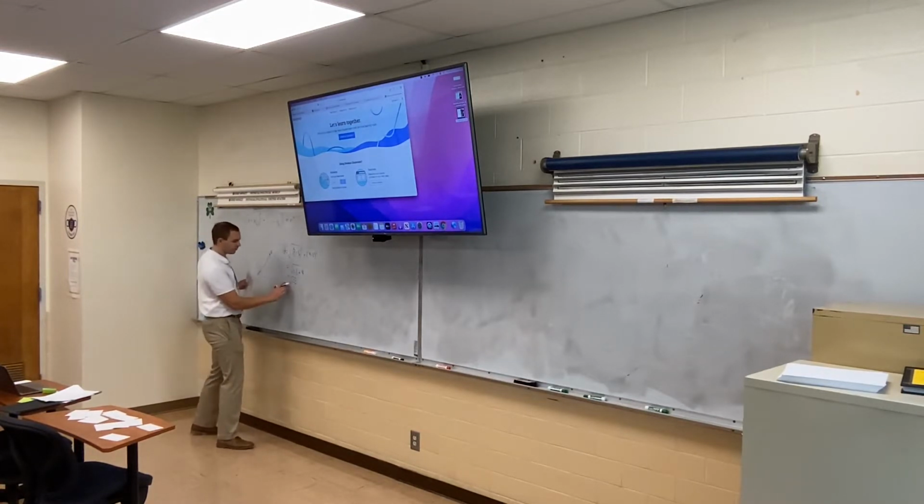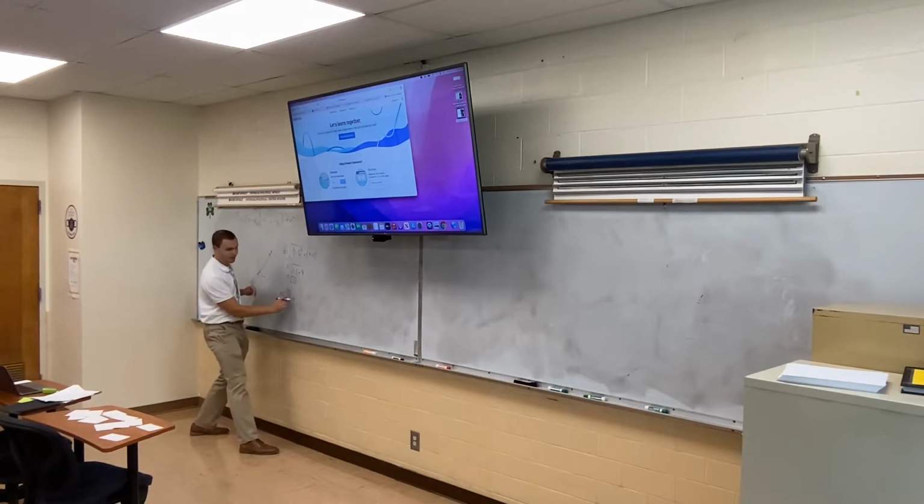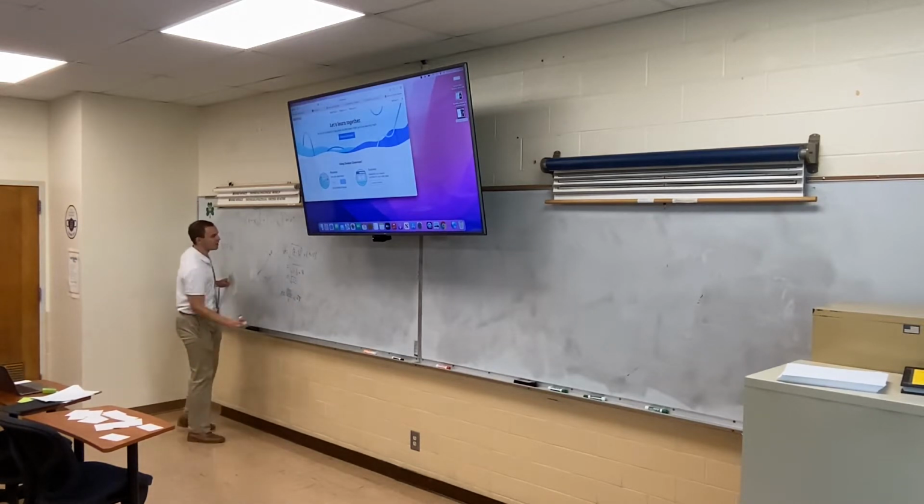Just trying to get through this. So my radius is root 20 over 2, which when I simplify the square root, I get square root of 5. So that's my radius, so we're good there.